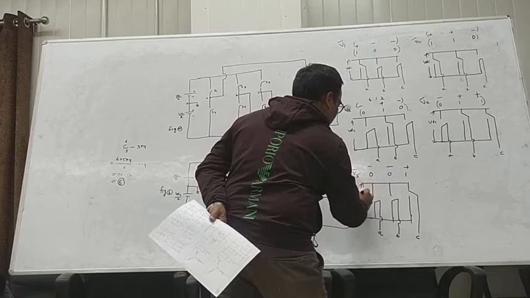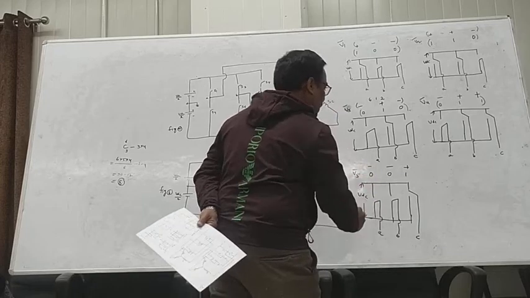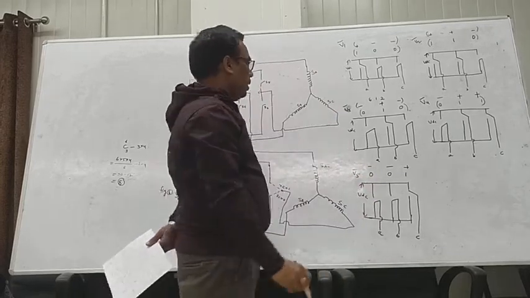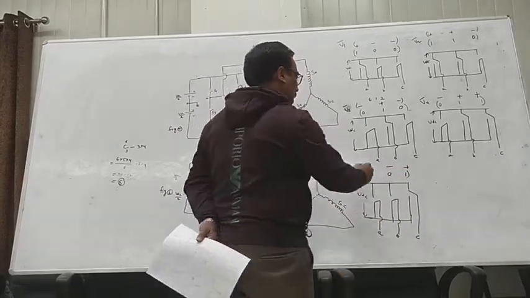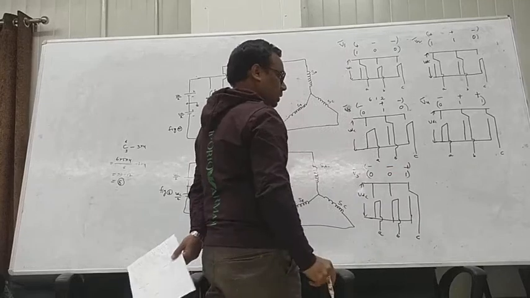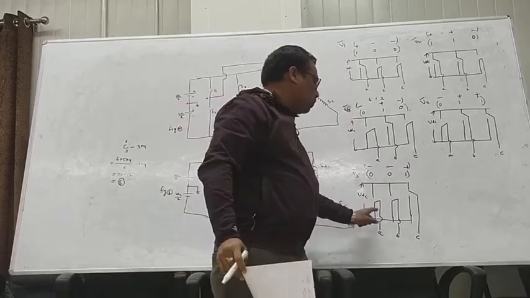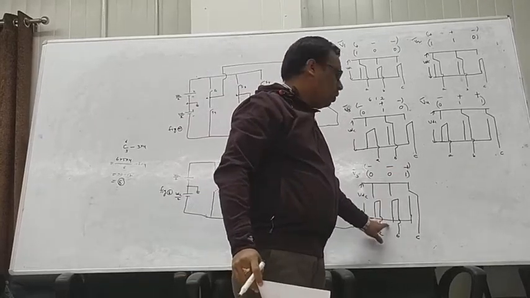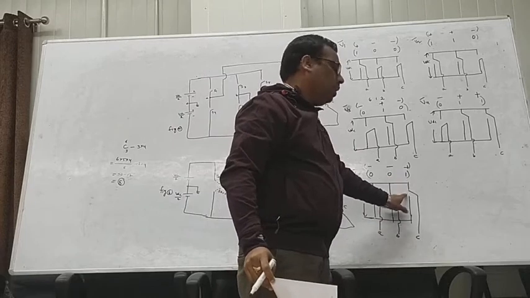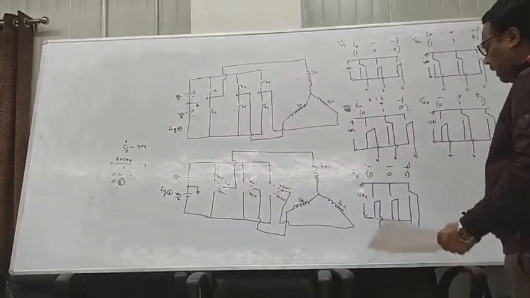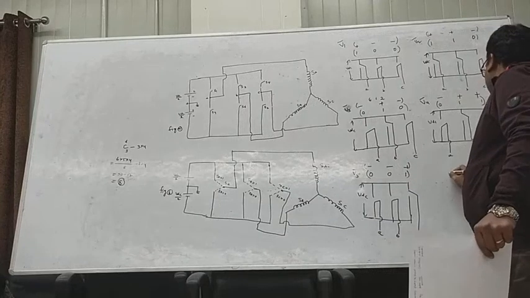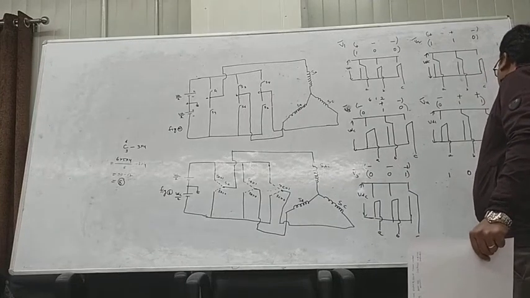This voltage is VDC. So 0, 0, 1, minus, minus, plus. So phase A bottom switch, phase B bottom switch, and phase C upper switch. And the sixth possible combination is 1, 0, 1.